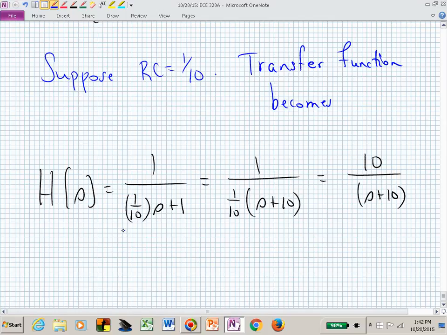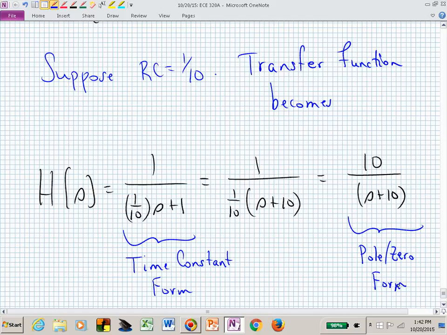This structure is called the time constant form because the time constant is scaling the leading power of S. This transfer function is called the pole zero form.